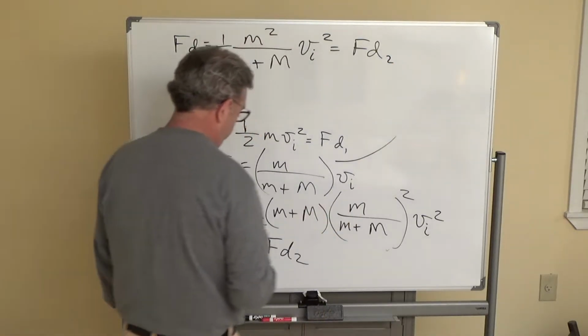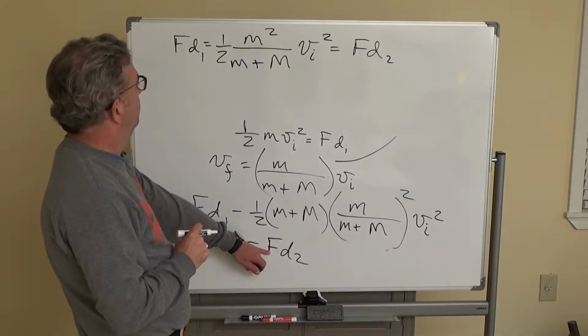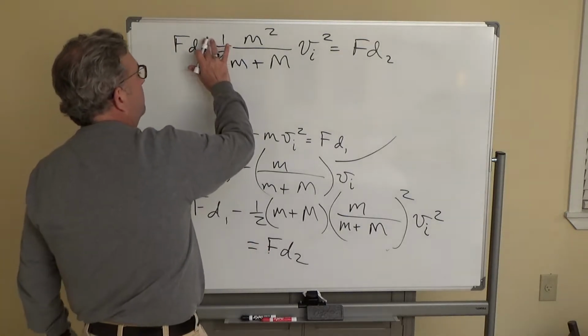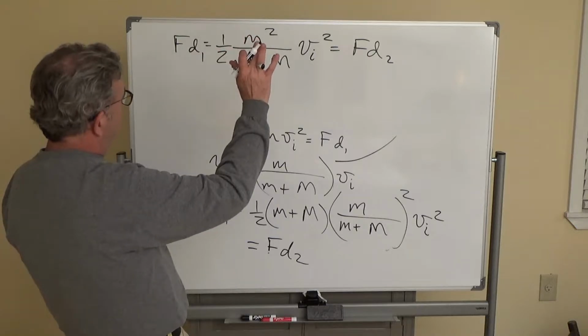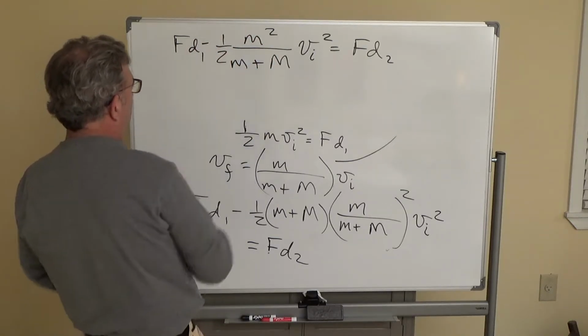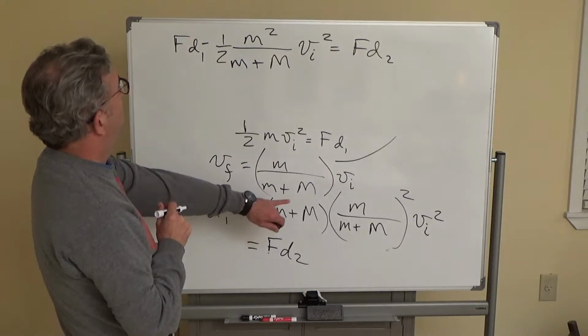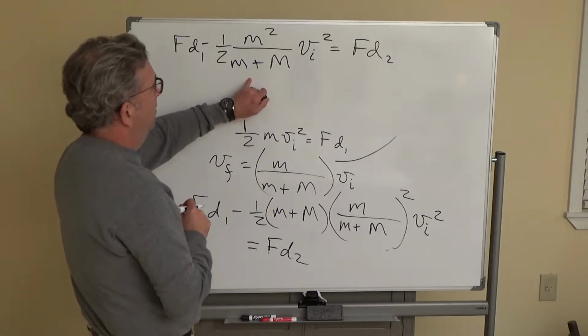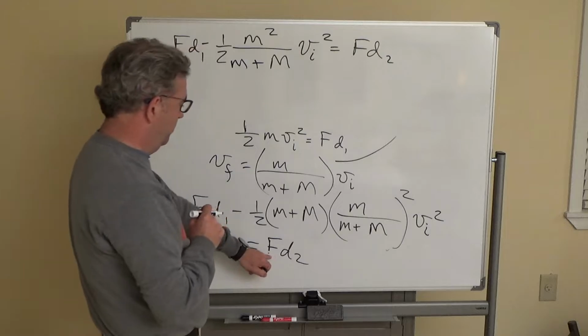That's FD2. Okay, from down here, this is FD1 minus 1/2, all of that stuff, and that equals FD2.